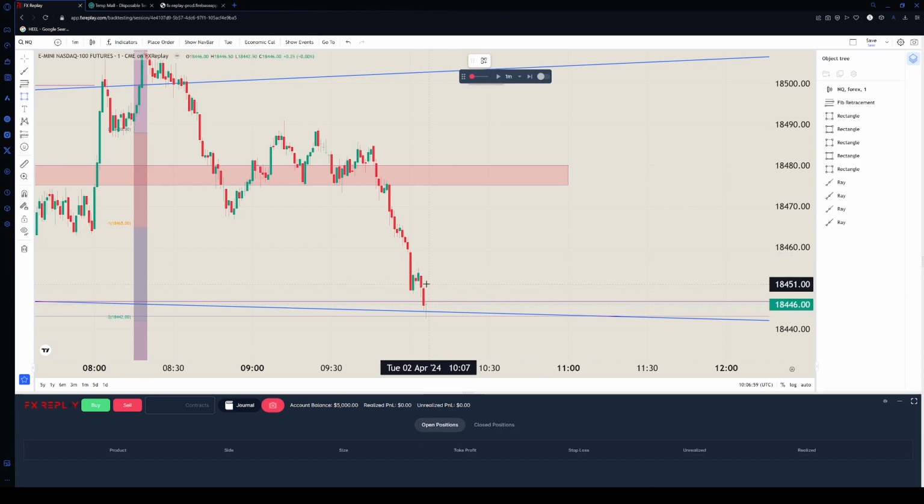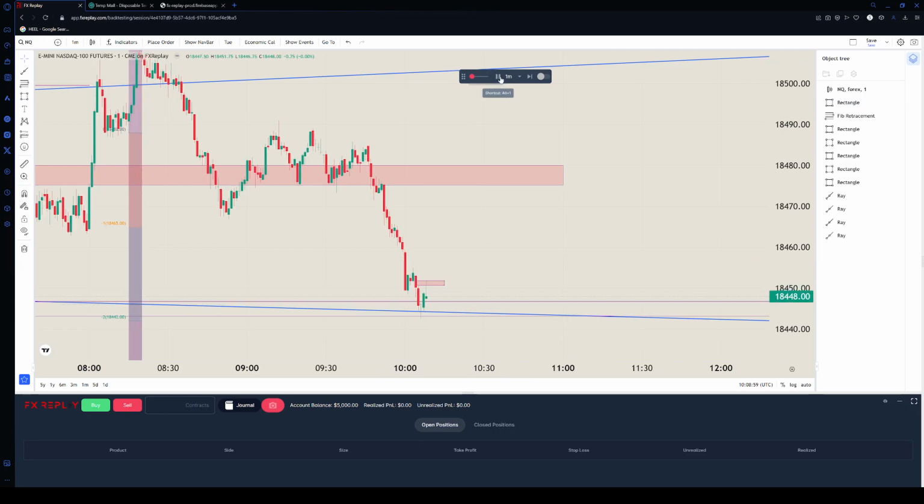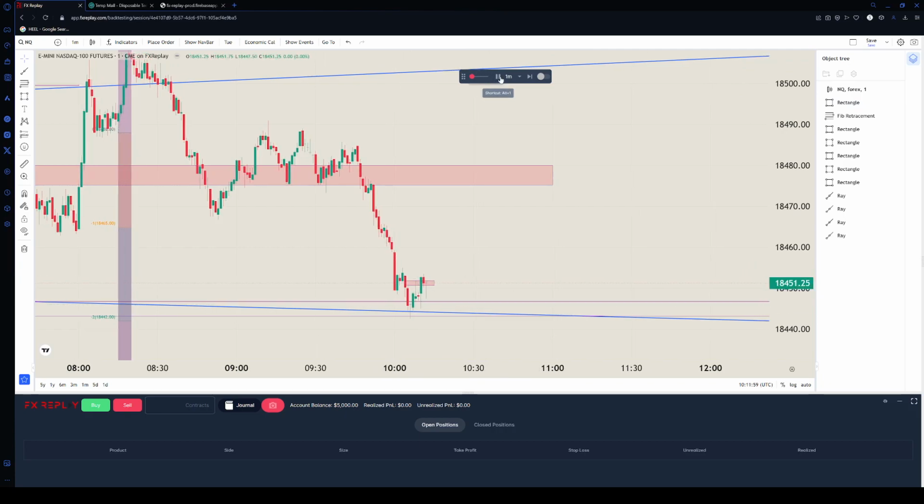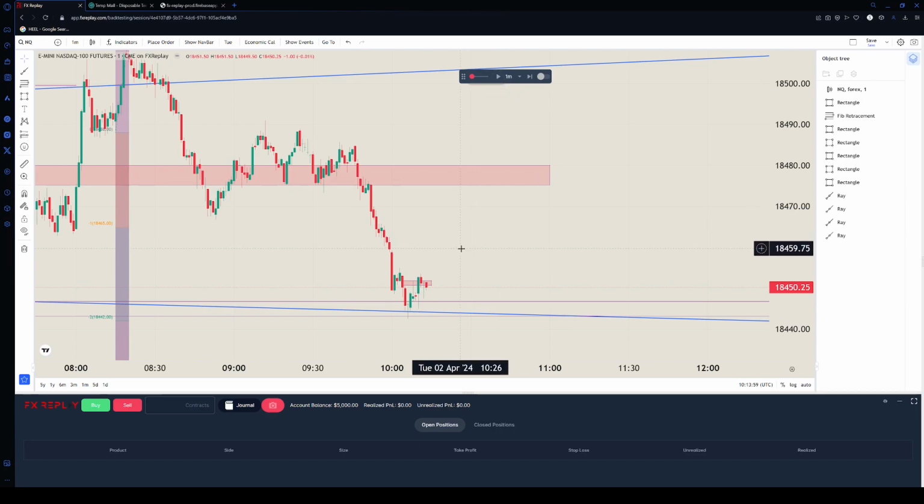I would want to see the invalidation of the CISI right here to potentially inverse it for a long. It pivoted, it kind of closed above. It's in this busy. Let's give it a shot. Let's see if this will work out.